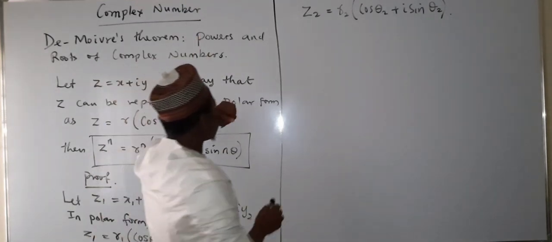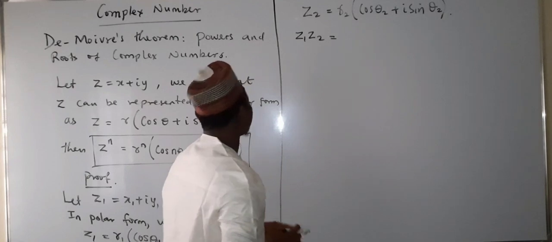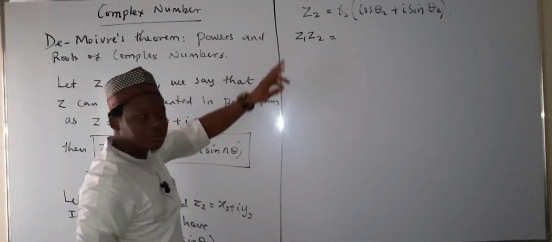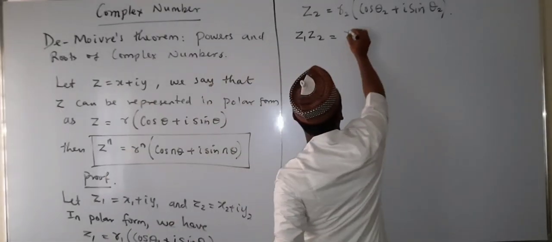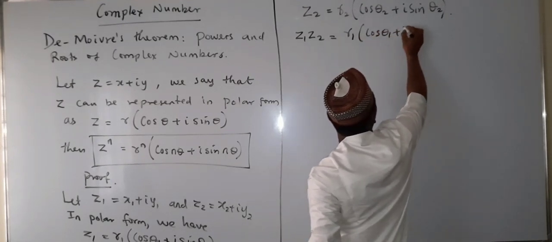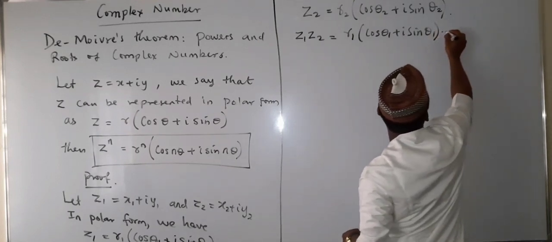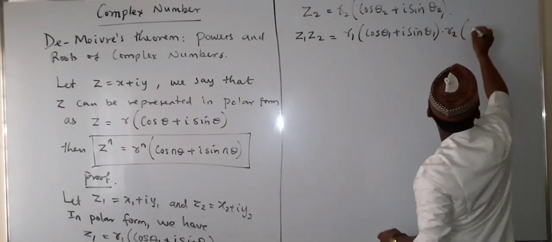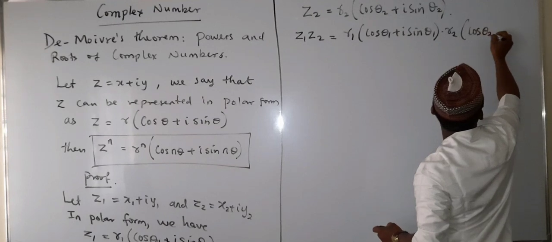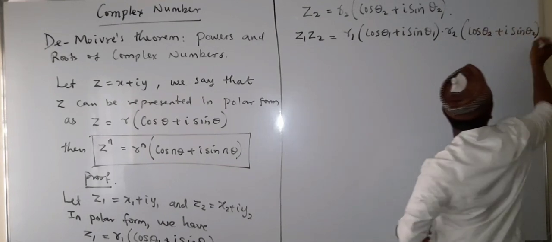So we now say that z1 times z2 will be equal to this times this, right? So we have r1 cos theta 1 plus i sin theta 1 times r2 cos theta 2 plus i sin theta 2.